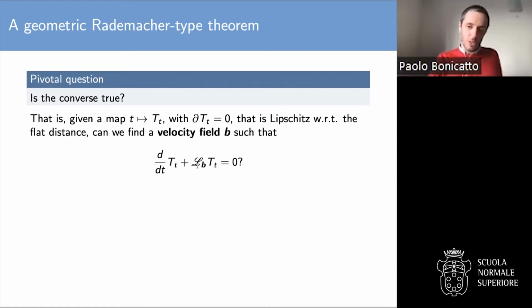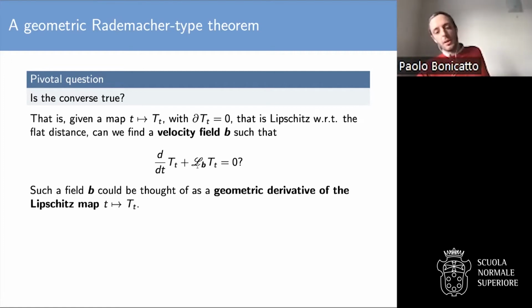So if such a vector field existed, it could be thought of as a geometric derivative of the Lipschitz map, and therefore the name Rademacher type theorem. Of course, it's not a differential with respect to the linear structure of the space of currents. It carries a more geometric meaning. It's simply telling me that these currents are evolving according to it.